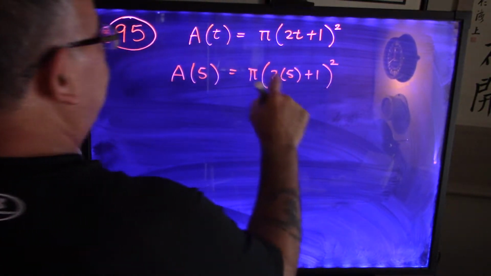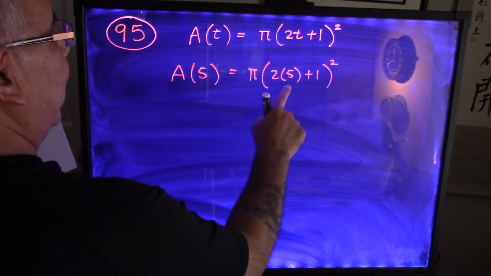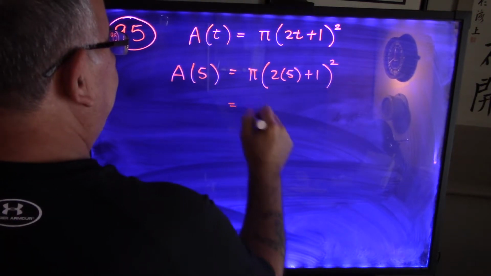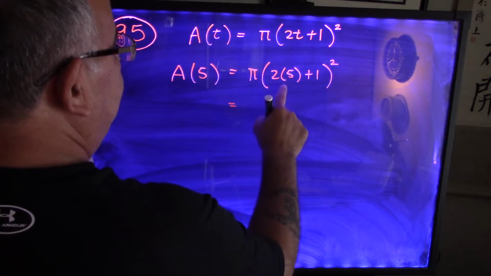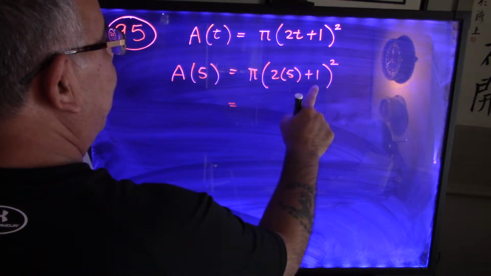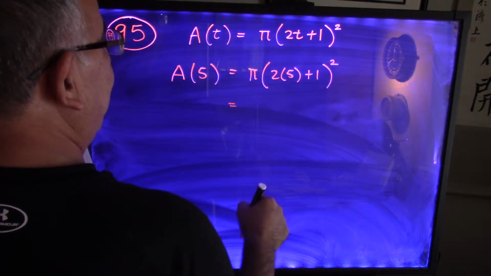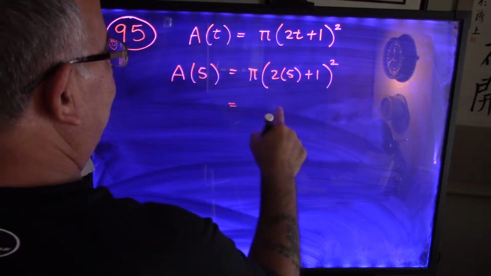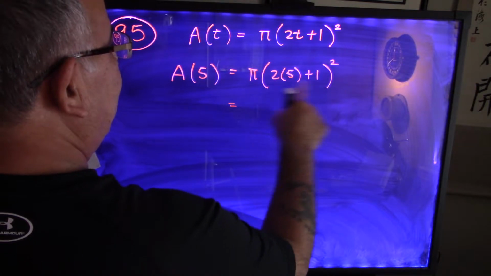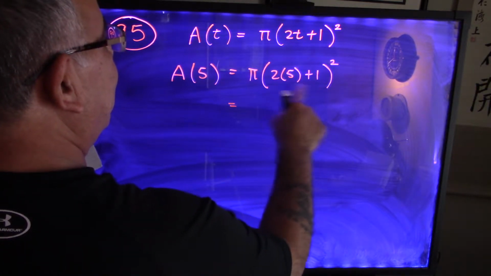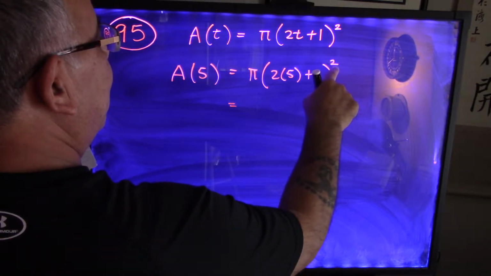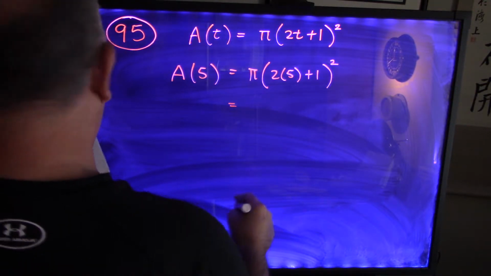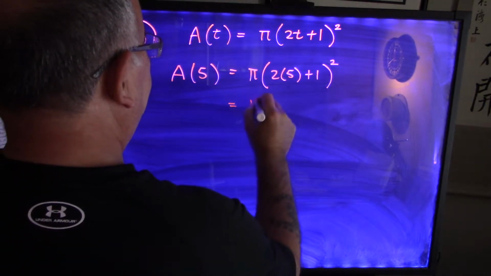You plug in t equals 5, like I did here, and you get 10 plus 1 is 11, and then 11 squared is 121. So again, order of operations: do what's inside the parentheses first, then square it, and then multiply. So you've got 121 pi.